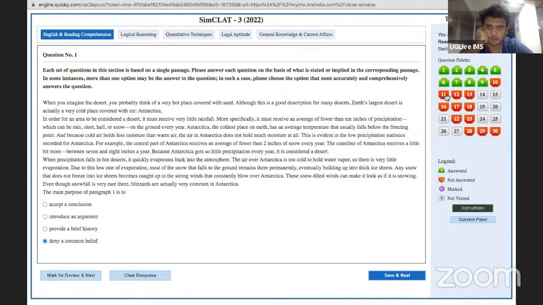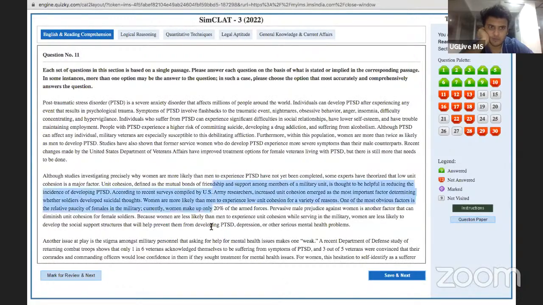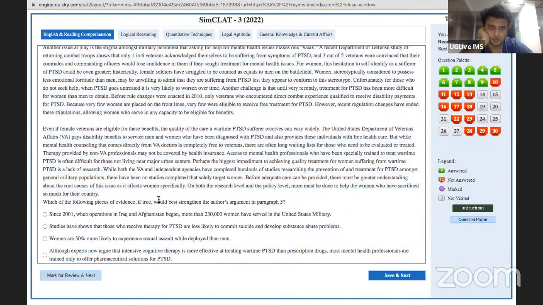ठीक है. जी. Which would best strengthen paragraph 5?